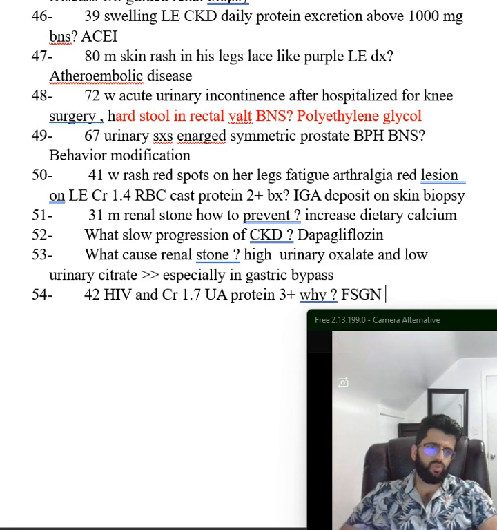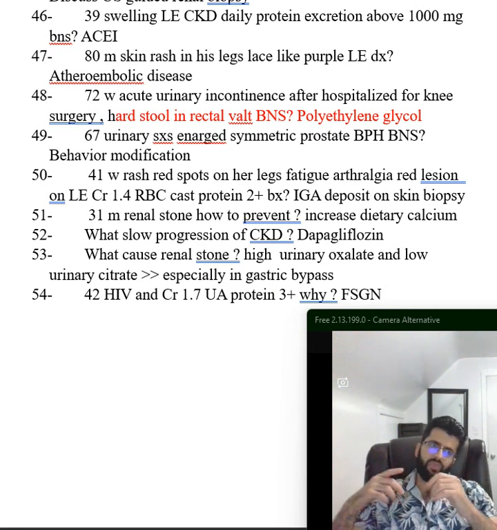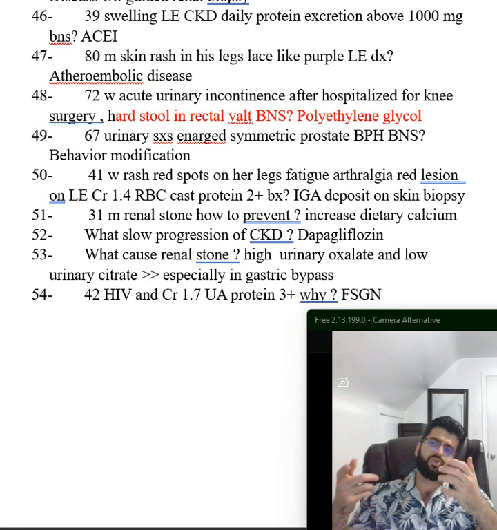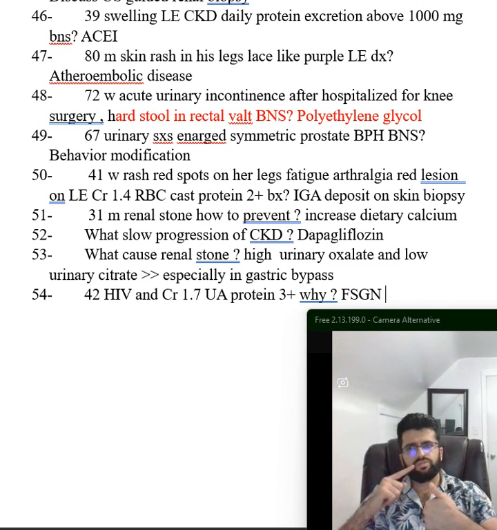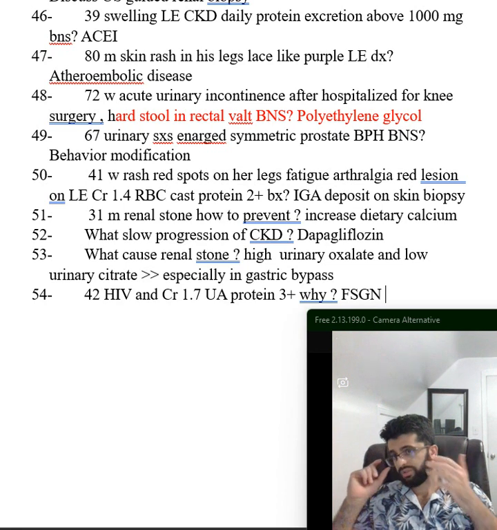It is associated with HIV. Other associations are usually African American, obese, uses IV drug, and has HIV. So IV drug, HIV, African American, and obesity. These are associated with focal segmental glomerulonephritis.